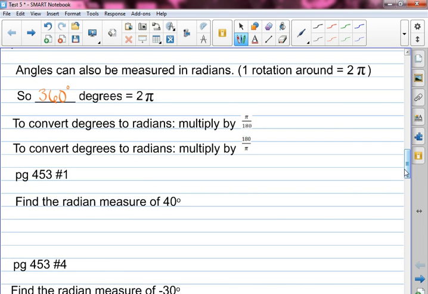All right, angles can also be measured in radians. 1 rotation around equals 2 pi. So 360 degrees equals 2 pi radians. Radians, you don't write radians, there's no symbol, it's just assumed.